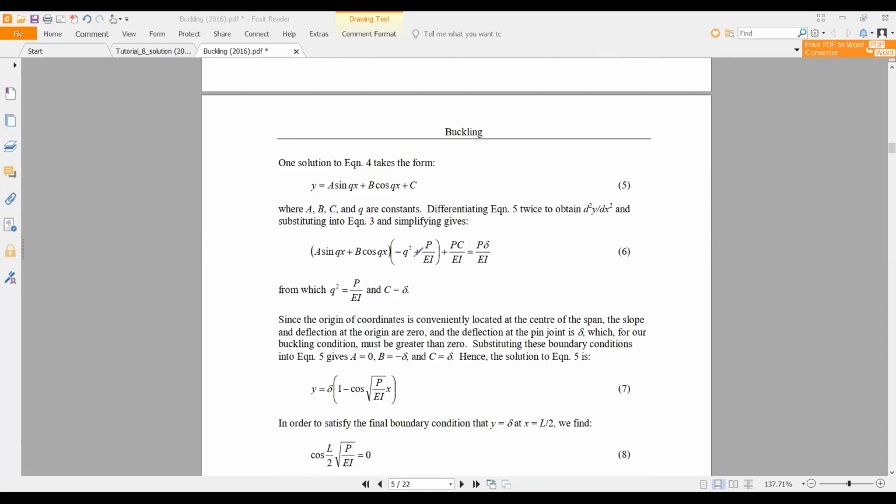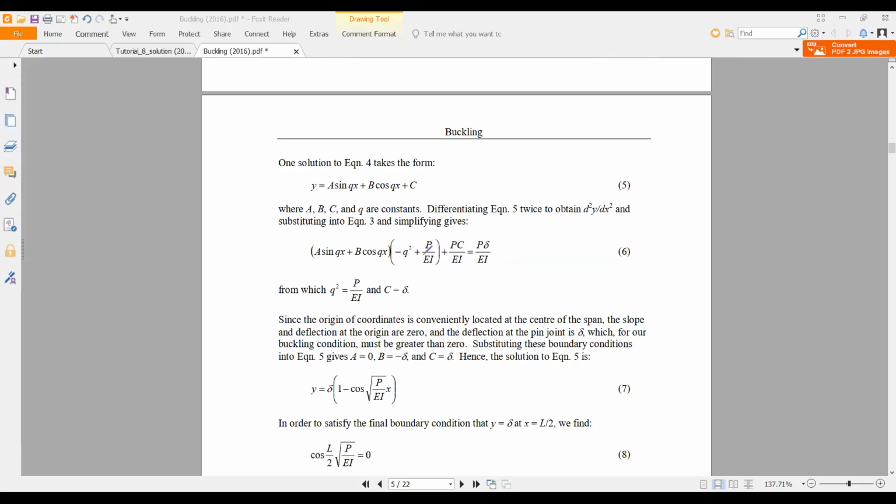These two sides should be equal. If these two sides are equal, definitely the sine cos part should be gone, isn't it? Because in the right hand side there is no sine cos function. So then what should happen? The q minus q squared equals this part.